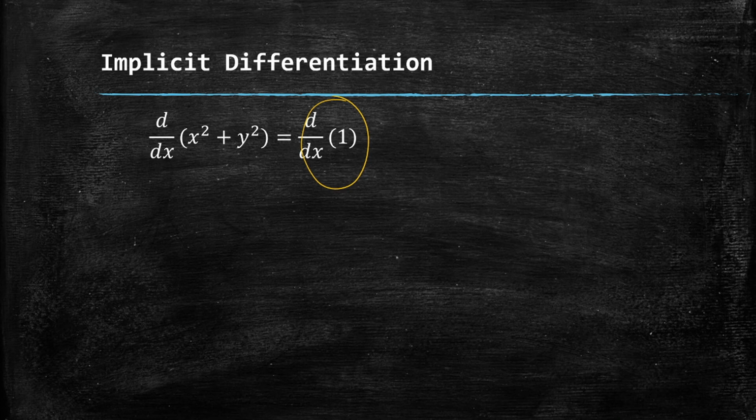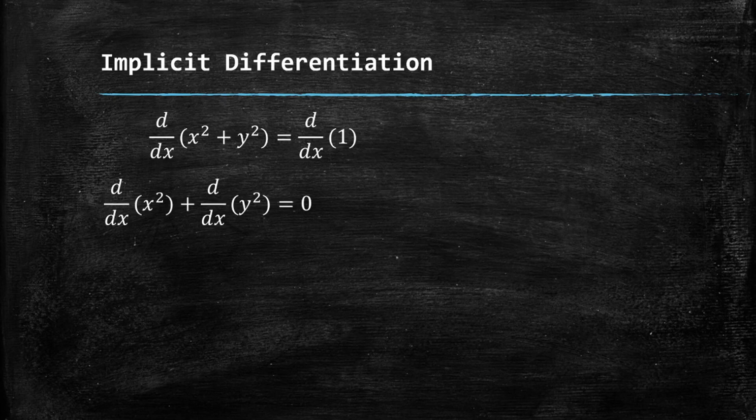We must be observant with the variable, with what's the variable to get the derivative from. In this scenario, we have x. So the derivative of 1 with respect to x is just 0.